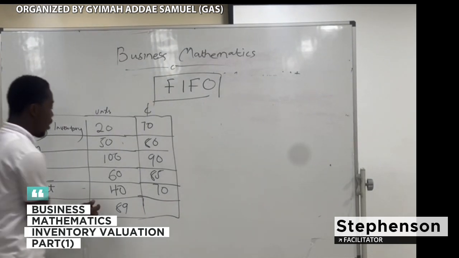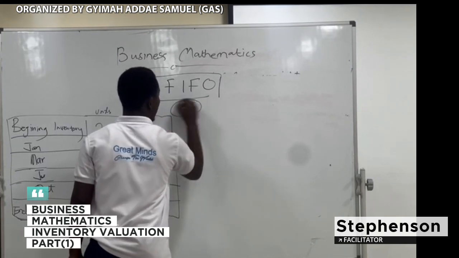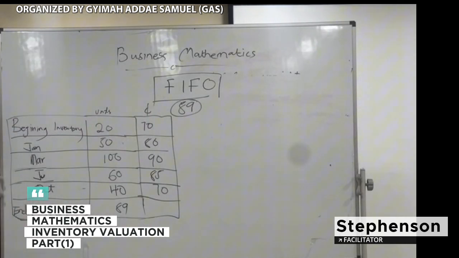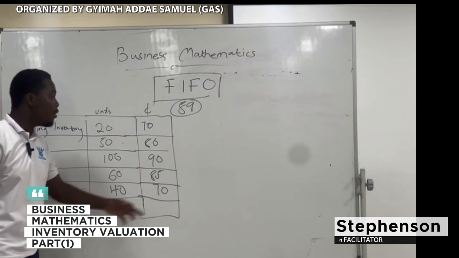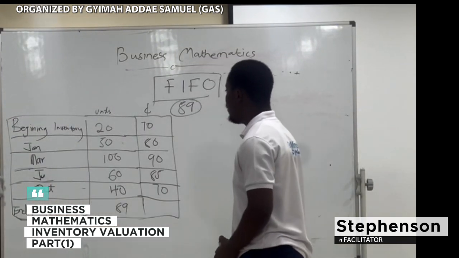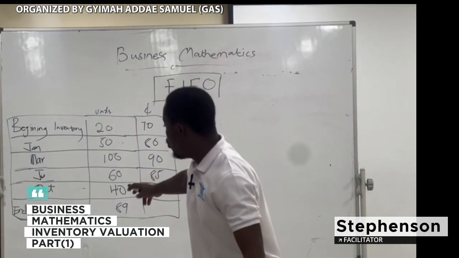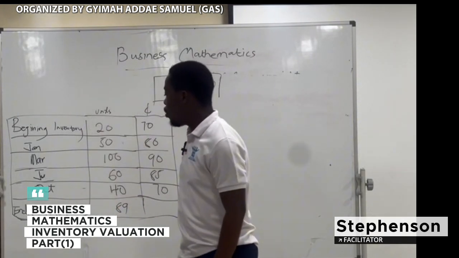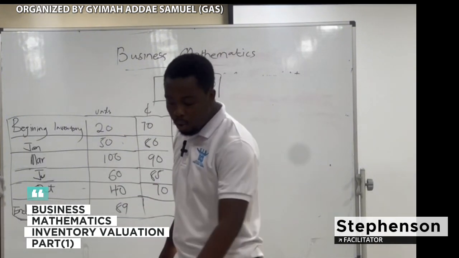Here our ending inventory is 89. You can see that with the ending inventory, we are not given any price for it. So we value from the down to the top. We start from October.